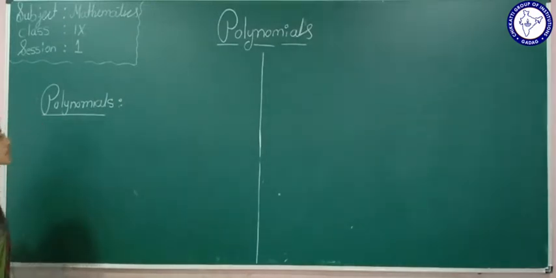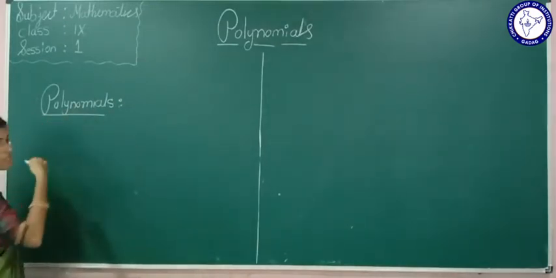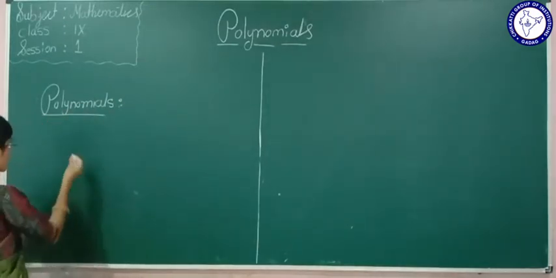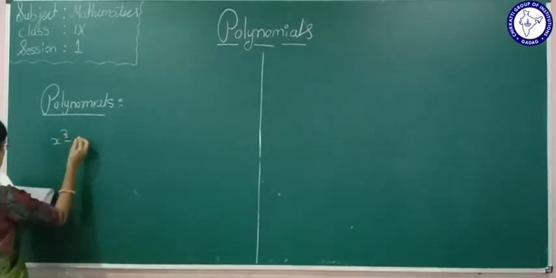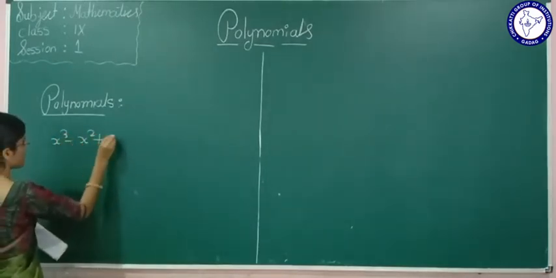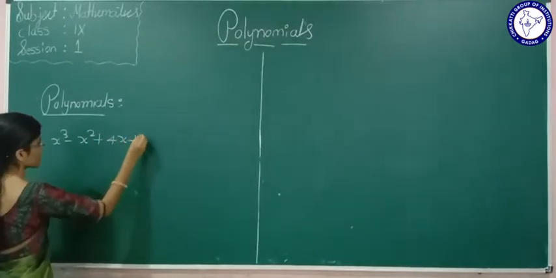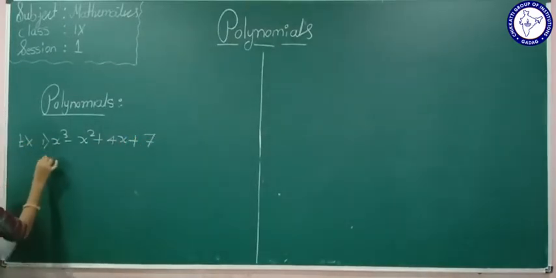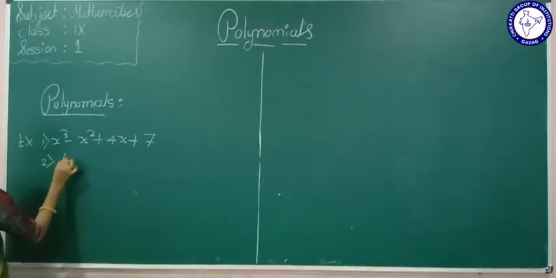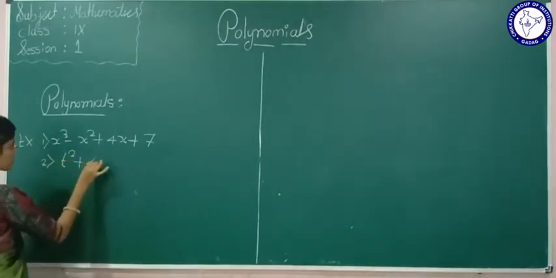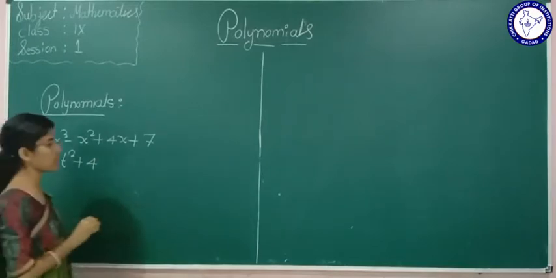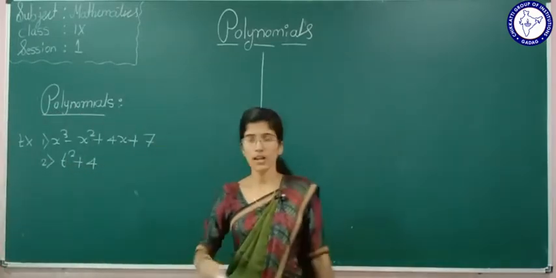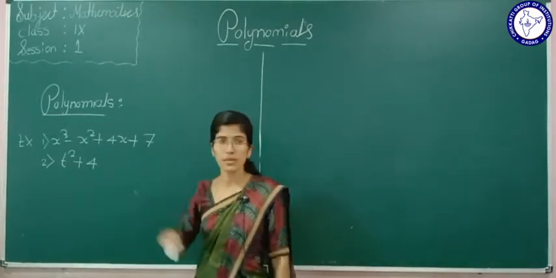Now see, what are polynomials? I will take one example and explain it to you. x cube minus x square plus 4x plus 7. This is example number 1. And example number 2, t square plus 4. See, I am telling you, these two are examples of polynomials.